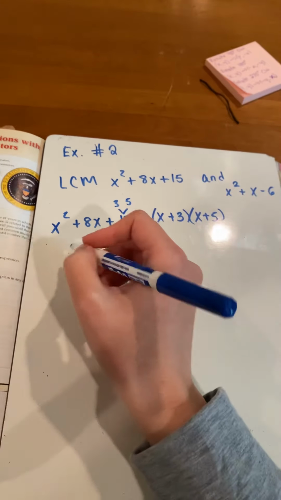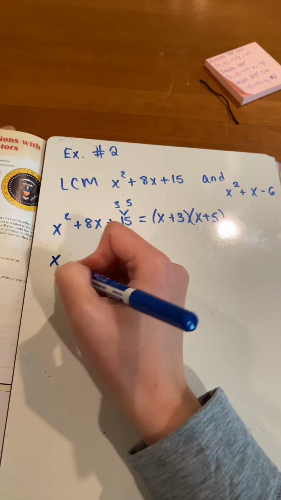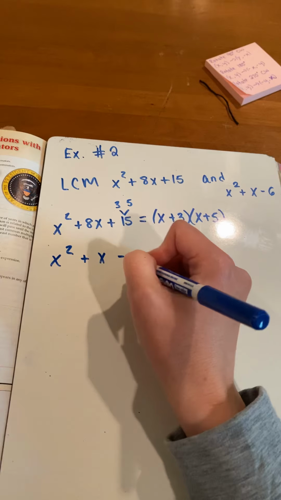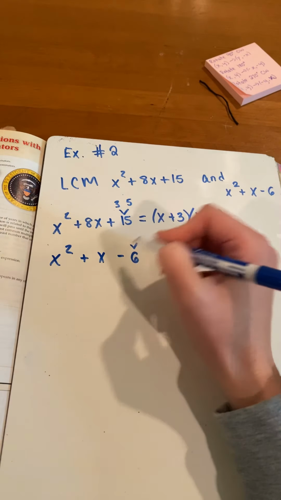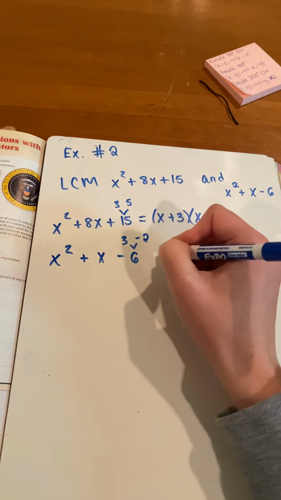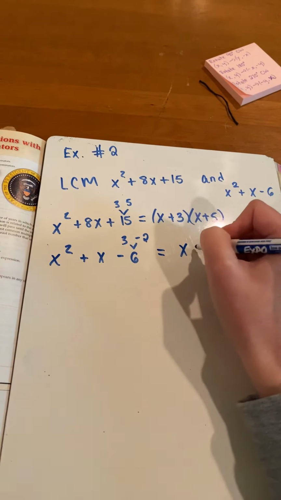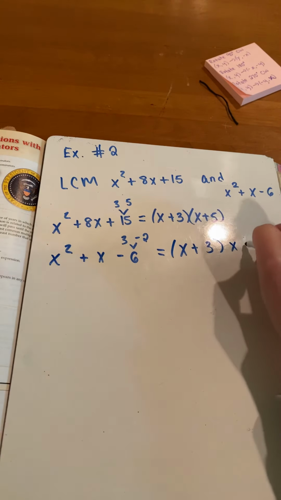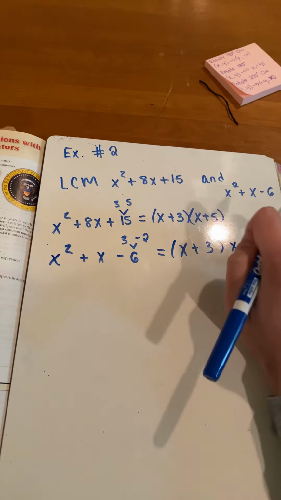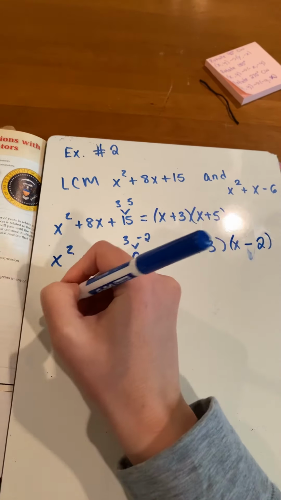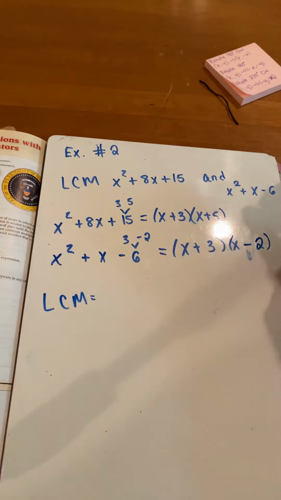We're going to repeat here for x squared plus x minus 6. What are our factors of negative 6 that sum to positive 1? Well, it's going to be 3 and negative 2. So we're going to have x plus 3, x minus 2. But now we're being asked, what is the least common multiple? So we factored these two, but what does that actually mean for least common multiple?